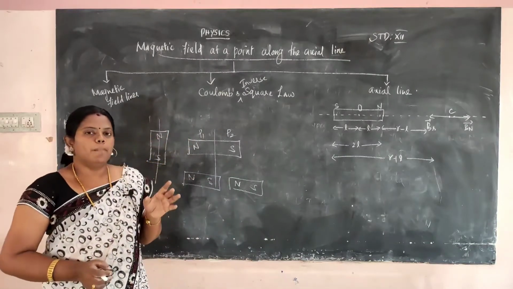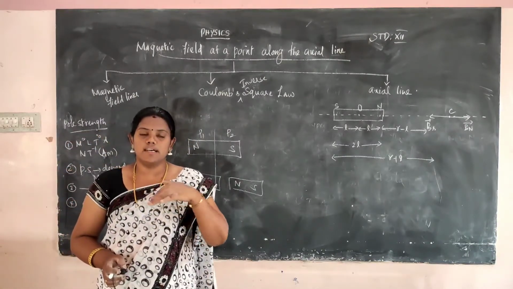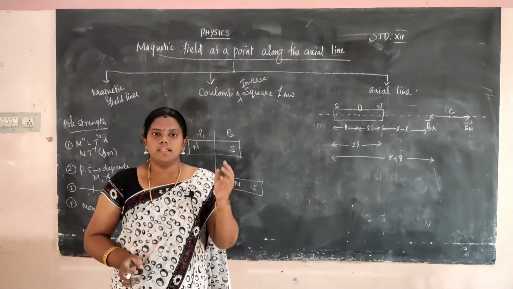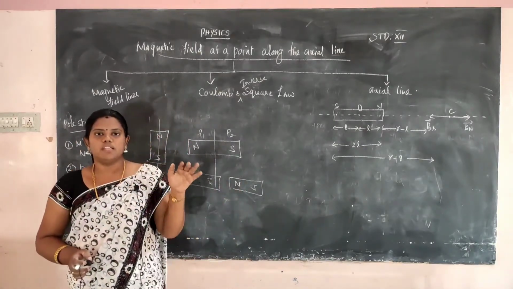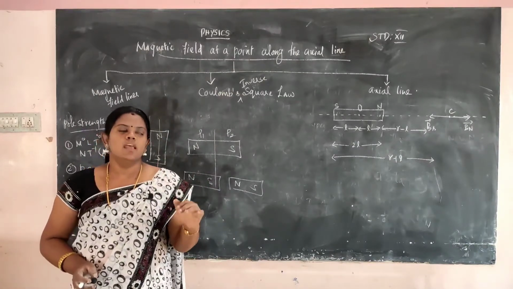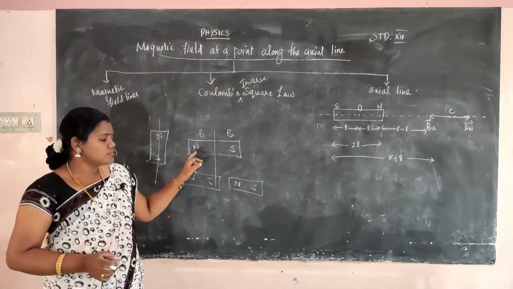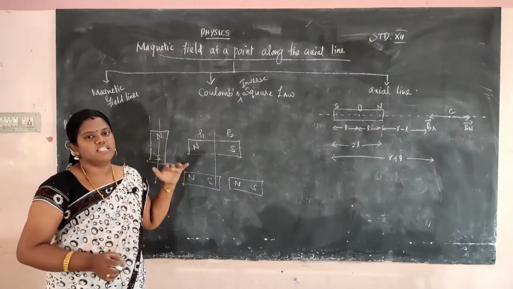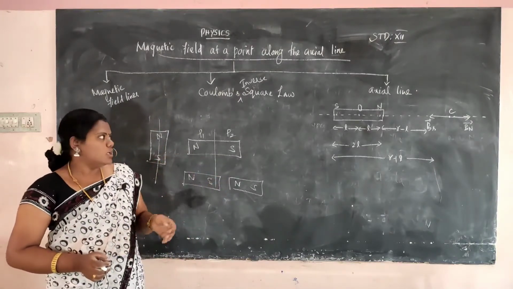When a magnet is cut in the horizontal way, the pole strength is halved, but in a vertical way it remains the same. And third, no monopole exists. Those are the points related to pole strength.